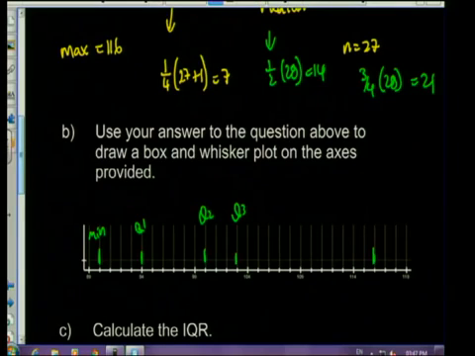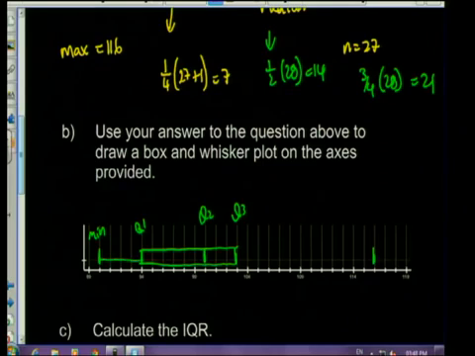So remember the box part, okay, and do this with a ruler so that the examiner can be impressed. The box part is going from Q1 to Q3 with the median down the middle. That is showing me exactly the position which divides my data into 2 halves. Okay, so that's the middle of my data. And then I've got the whisker parts.